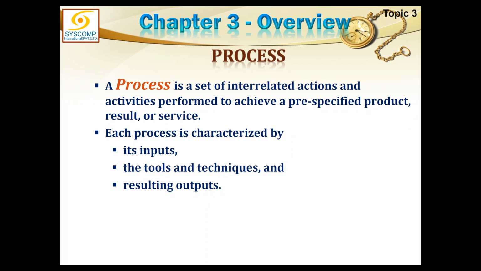But in a project, because we know that a project has to start from somewhere and has to end somewhere, though we apply continuous improvement within the process, we deliberately start a process and we can deliberately stop a process when the specific targets of that process have been achieved.